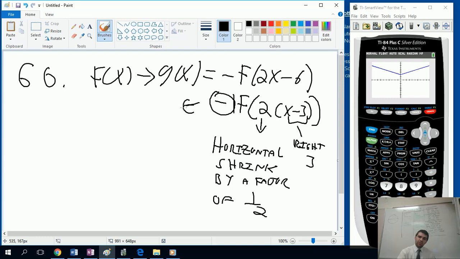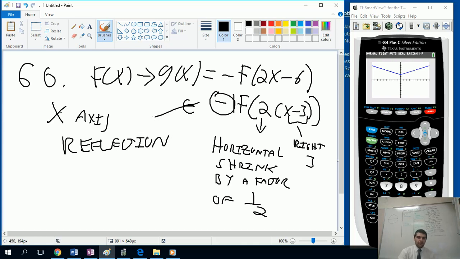That's going to be a reflection across the x-axis. So we have 3 transformations: a reflection across the x-axis, a horizontal shrink by a factor of 1/2, and going right 3.